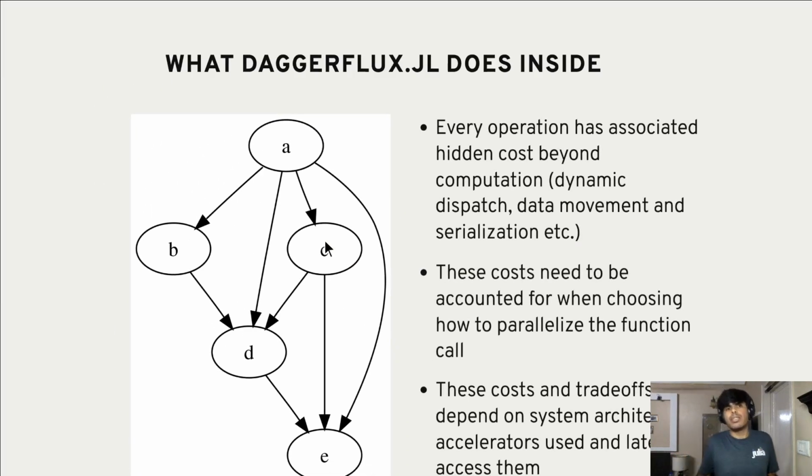Now, why Dagger? As I mentioned, we could have simply written the graph by hand, but why Dagger specifically? One of the good reasons is that we have to worry about different computational costs apart from the actual computation itself, one of the major ones being data movement. Anytime we make use of a model, we're going to be moving data from one layer to the other, and these layers can live in different parts of our machine.